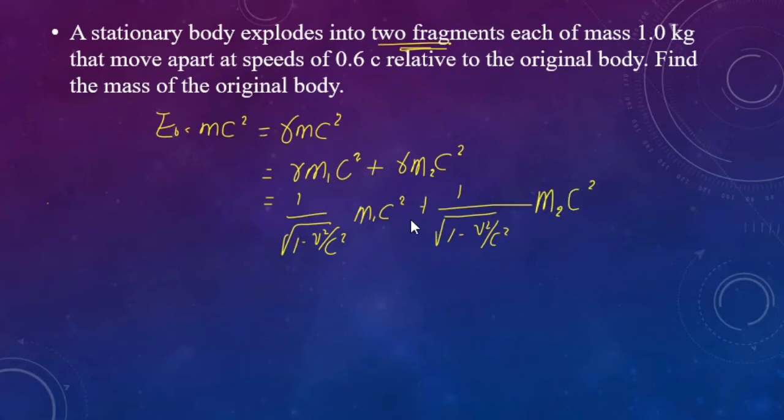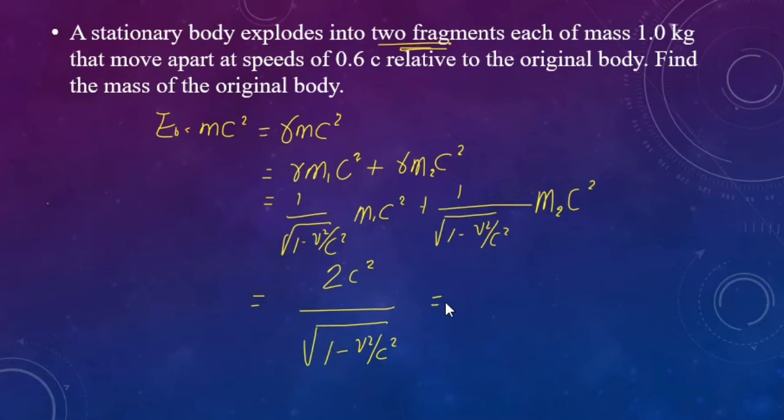Here, they have equal masses, wherein mass is equivalent to 1 kilogram. They also have the same velocity, so we can combine them. Mass 1 is 1, then the other is 1. So 1 plus 1 would make 2. We now have 2c squared over square root of 1 minus v squared over c squared.